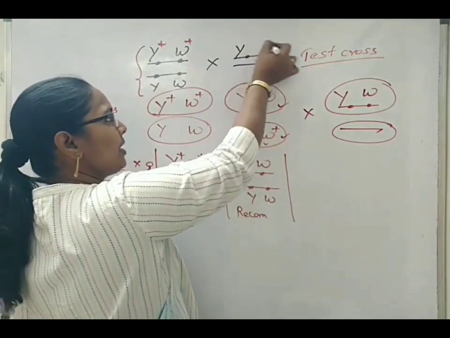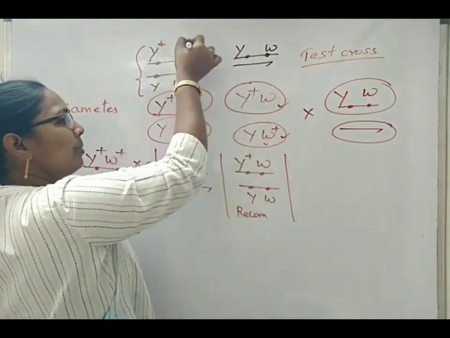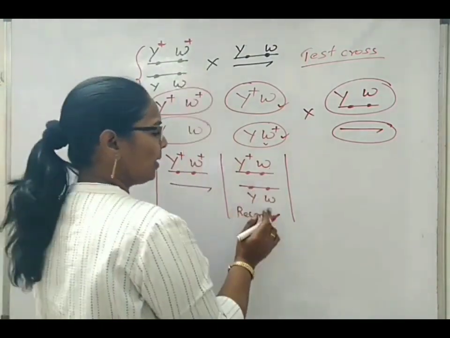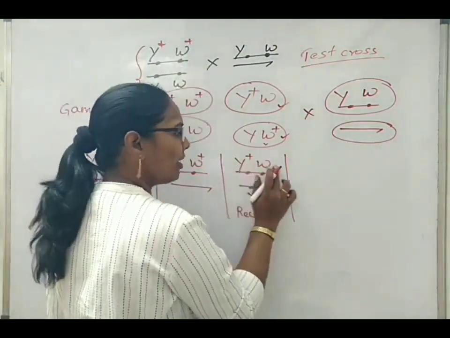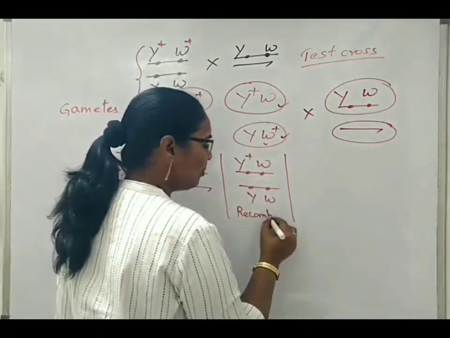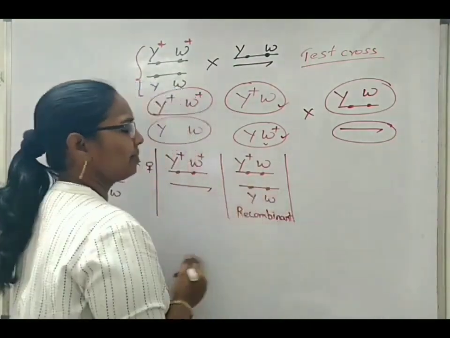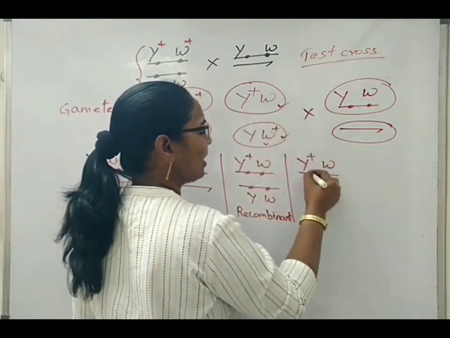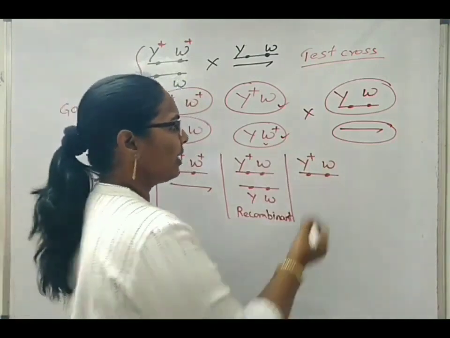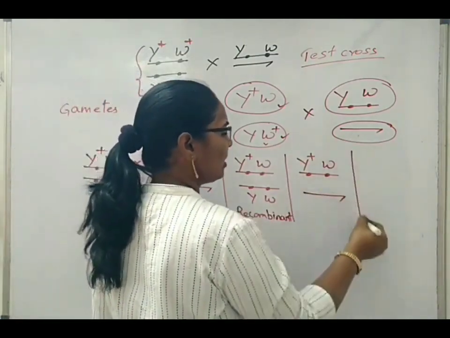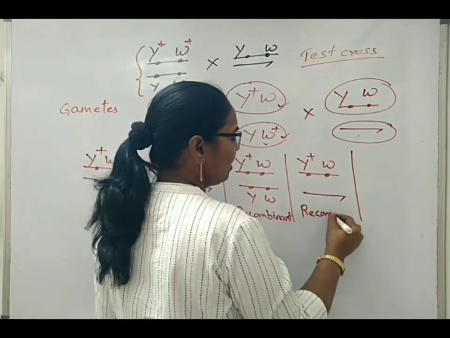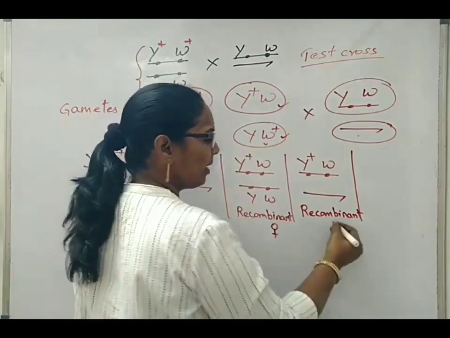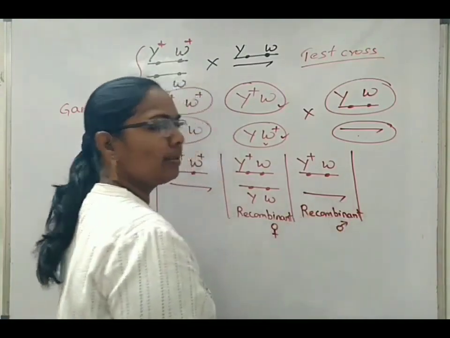If you look at the parents, both are recessive on one chromosome and both are dominant on the other. But here, one is a dominant allele and one is a recessive allele. So we can call this one recombinant. Now another combination. Y plus W means the X chromosome of female that is crossed with male. So this is another, again we can call this one recombinant. Since it is XX chromosome, we can call it a recombinant female. This is the Y chromosome, we can call it a recombinant male.